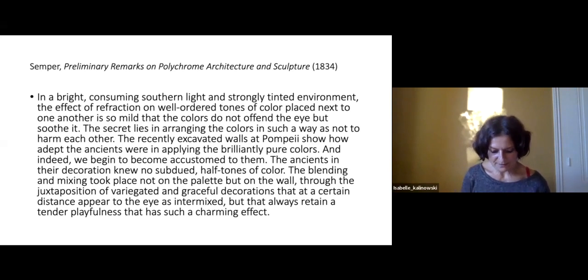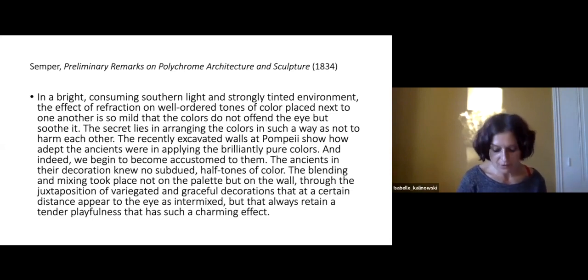Semper's seminal experience is the encounter with the bas-relief of Oriental palaces, which were excavated for the first time in the 1840s.